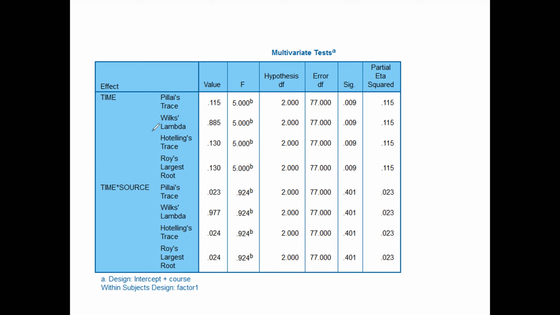In my experience, the most common test that is reported in the literature is Wilks' lambda, but you look at conventions in any journal that you're interested in. They don't tend to be different, at least in my experience with mixed design analyses. You'll also see these multivariate tests with simple repeated measures, but of course they won't have that interaction because you don't have the between subjects variable. This is kind of like your omnibus test.